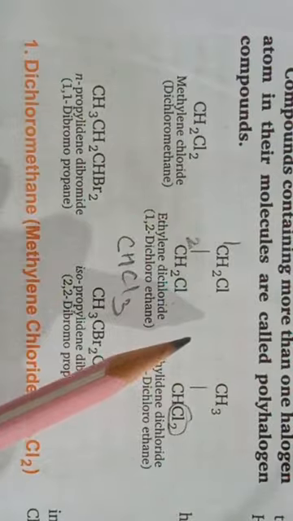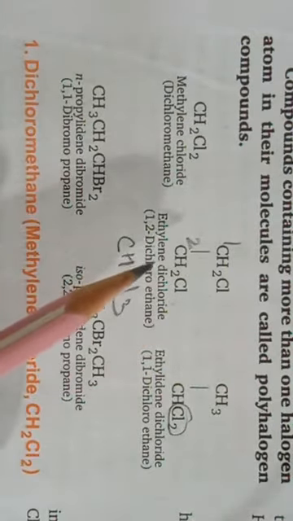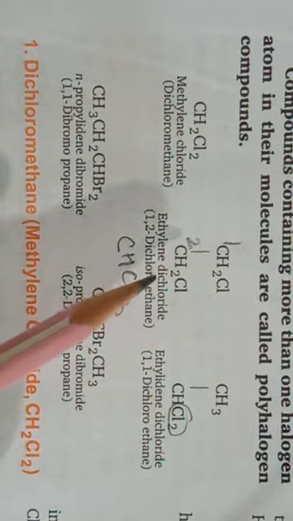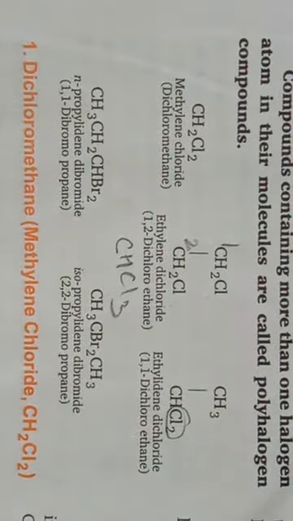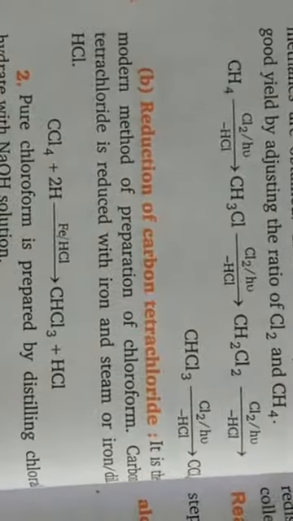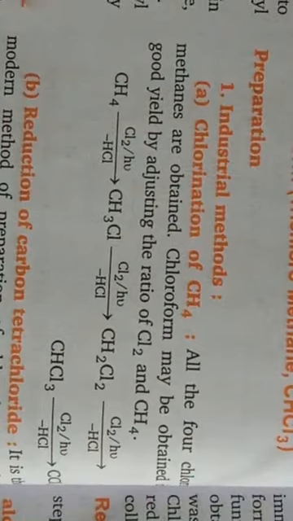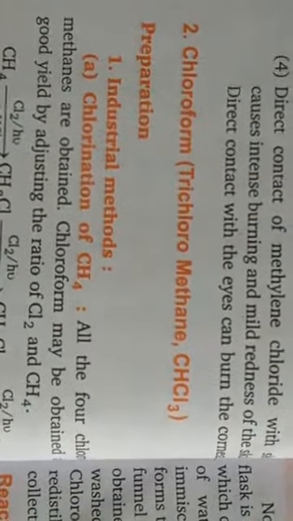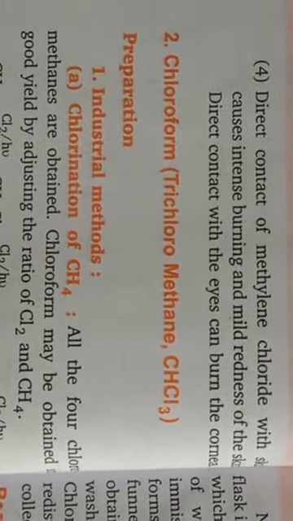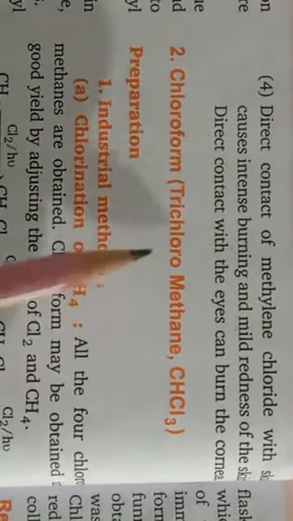Okay children, the most common use of these polyhalogen compounds is that these are all used as a solvent. So the first polyhalogen compound in your syllabus is chloroform, also known as trichloromethane.